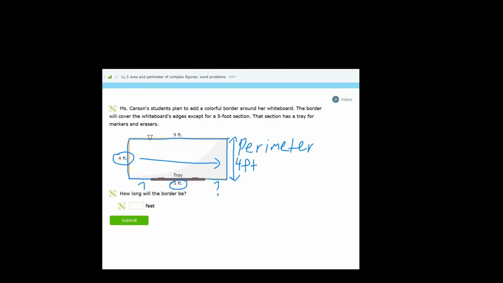Well, we can create an imaginary line here. Imagine I drew a line down here and a line down here. And these are rectangles in themselves, right? And these rectangles have the same length and width.